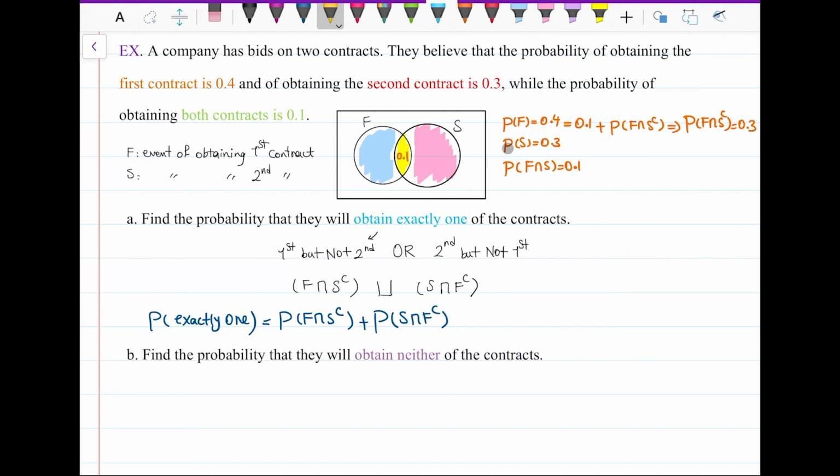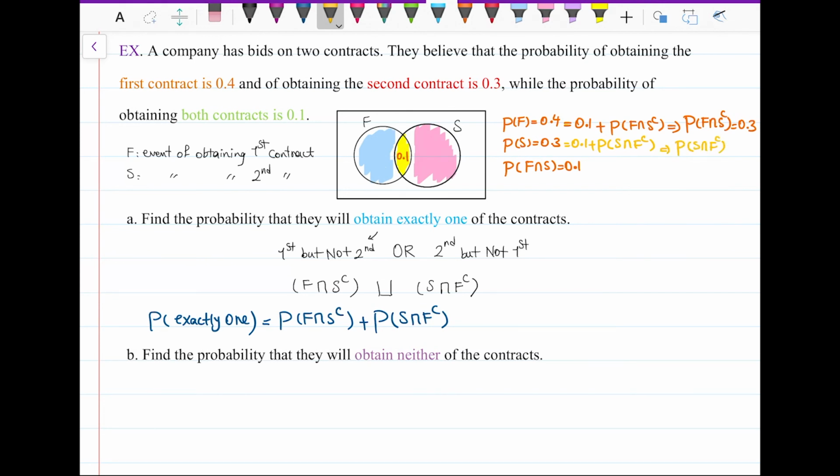Good. How about the second one? For probability of S, I have the same thing. Probability of S is the probability of the intersection union with the probability of this pink area, which is S intersection with F complement. Since these two are disjoint, I can write this as 0.1 plus probability of S intersection with F complement.